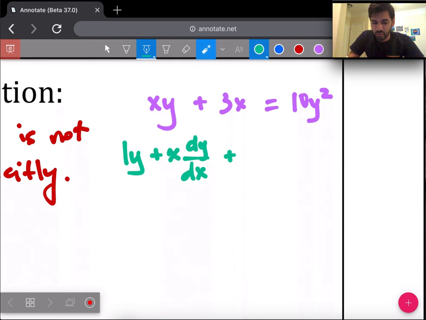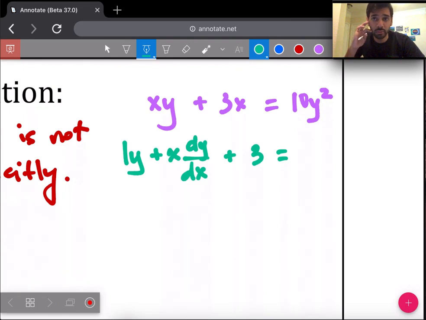So anytime I derive something with a y in it, this dy dx will show up. Now I have just a regular 3x. There's no y's here, so when I derive it, it's just going to be a regular power rule. The derivative of 3x is just a regular 3. And now the last term on the other side, 10y squared.